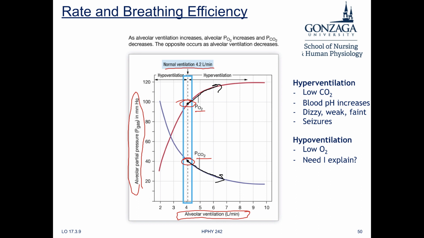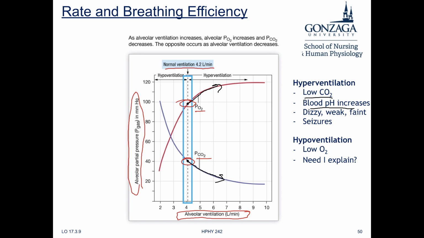So we increase oxygen and decrease CO2, and you might think, what's the big deal there? The problem is low CO2 can be very detrimental. Our blood pH actually increases, and this can cause one to be dizzy, weak, maybe even faint, and in severe cases it can trigger seizures. So this is really impacting our blood pH in this situation.